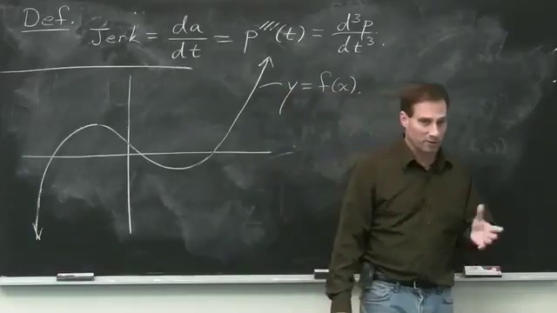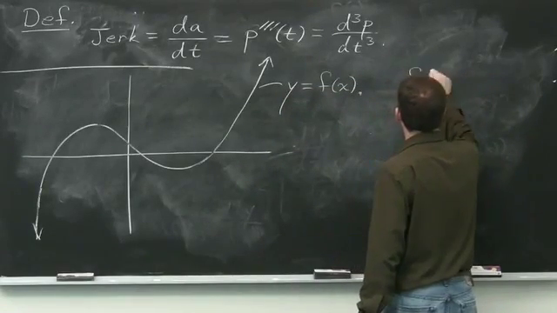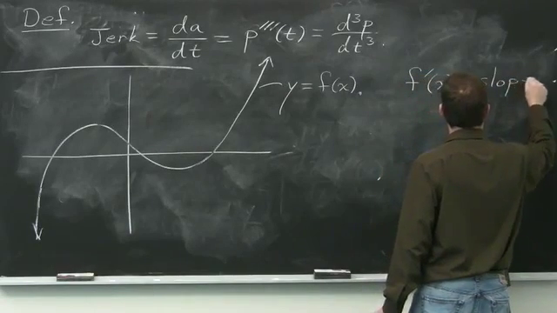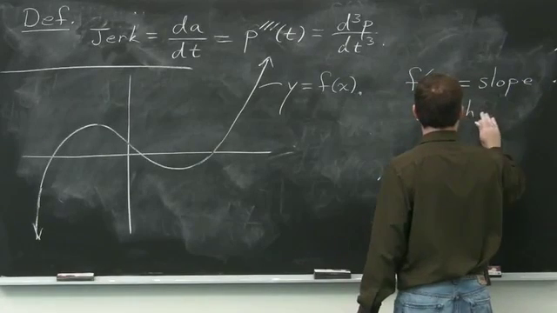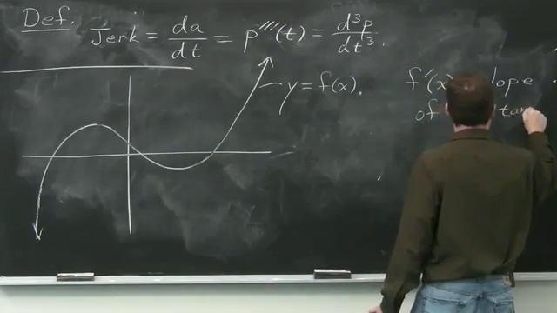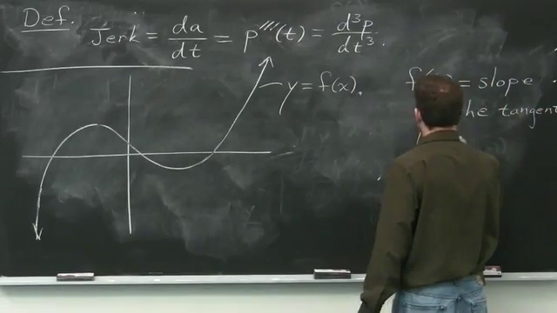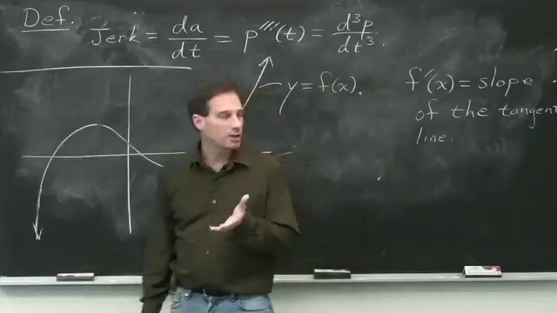Graphically, the first derivative is the slope of the tangent line. So f prime of x equals the slope of the tangent line at the given x coordinate. But the second derivative is the rate of change of that.